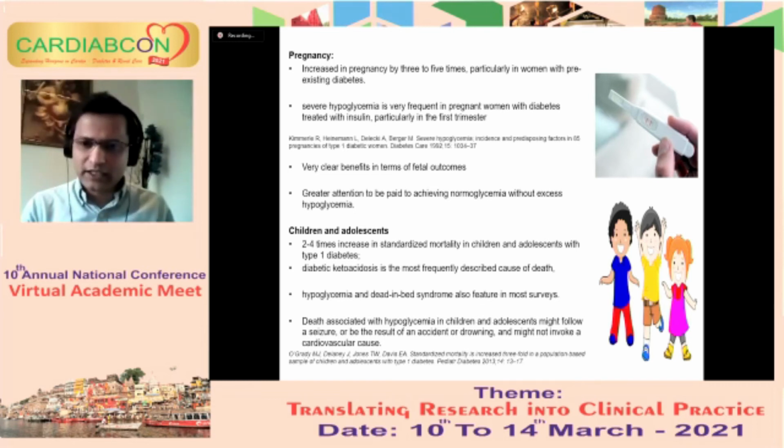It was seen in what we call dead in bed syndrome, which was mostly because of cardiac arrhythmias, which are precipitated by nocturnal hypoglycemia. And this is where we have to be all vigilant.